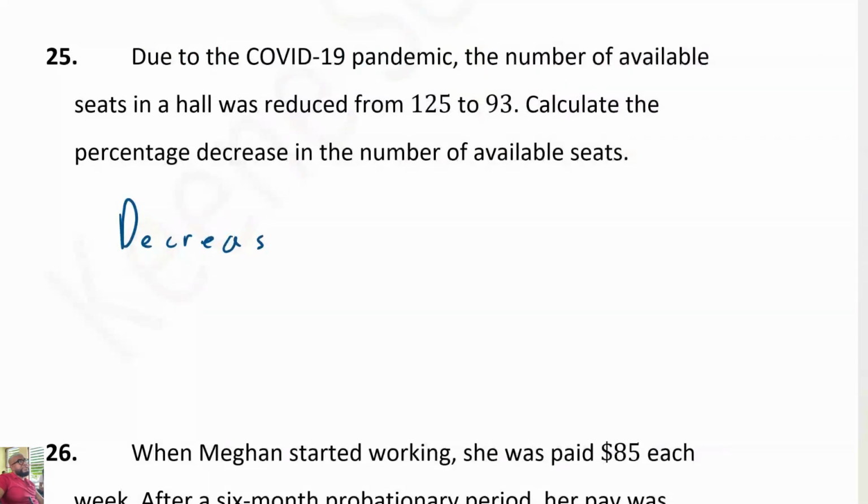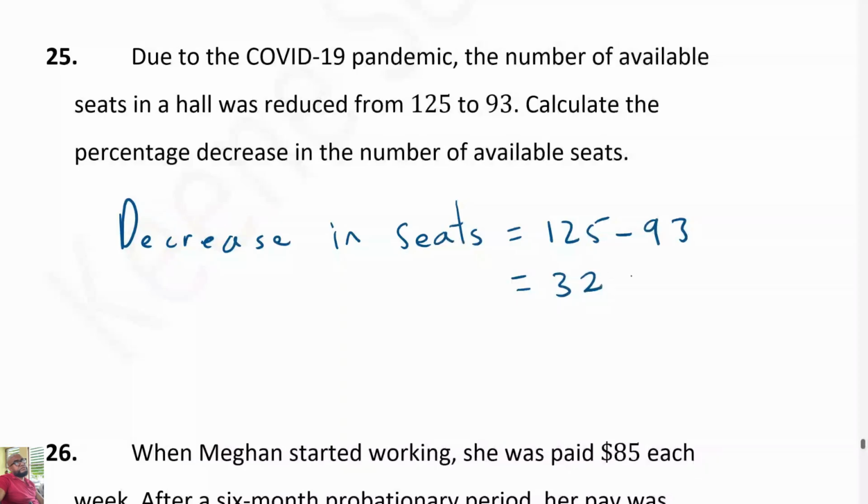So I put this as decrease in seats. How would I calculate how much these seats went down by? Yes, 125 take away 93, which will give me 32.